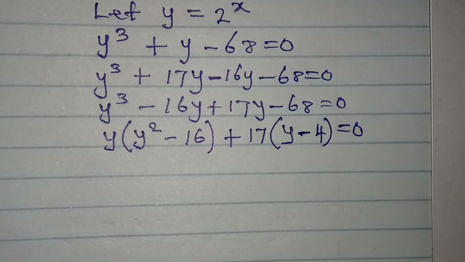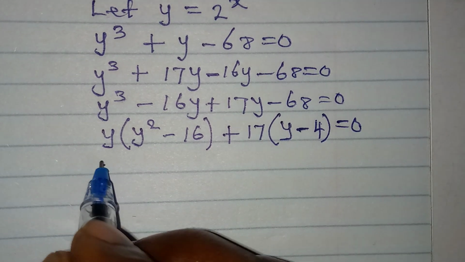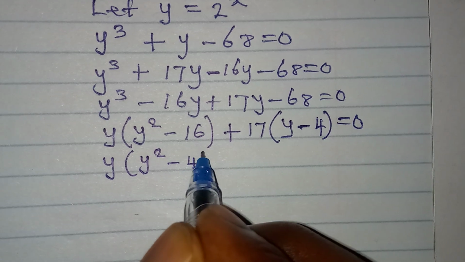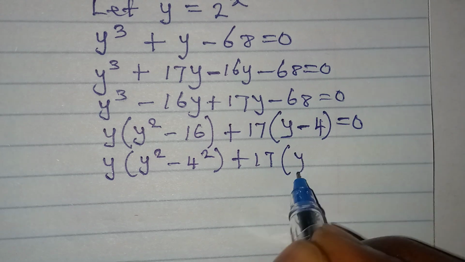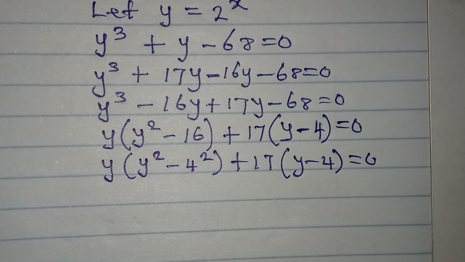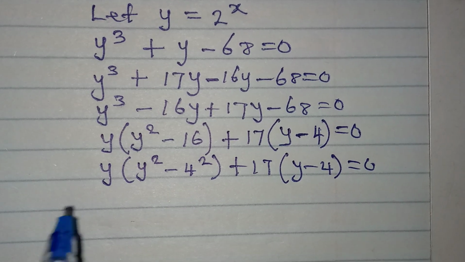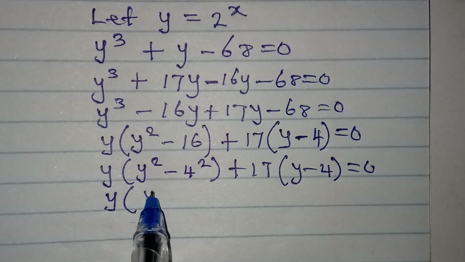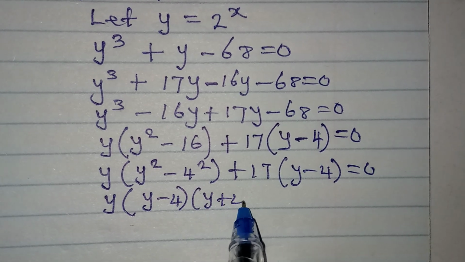Now I'm going to continue with this because at this moment nothing is common to both of them. So y into y squared minus 4 squared plus 17 into y minus 4 is equal to 0. The reason for this is for me to be able to apply difference of two squares, okay? Now, applying difference of two squares, we have y into y minus 4 into y plus 4.